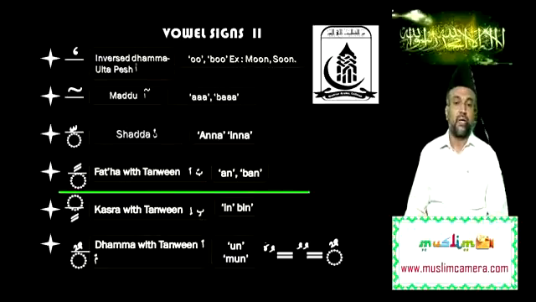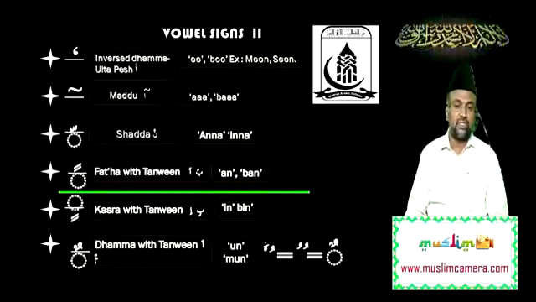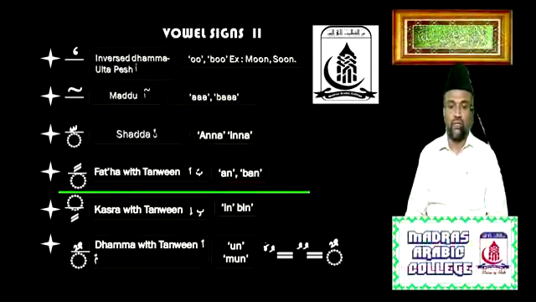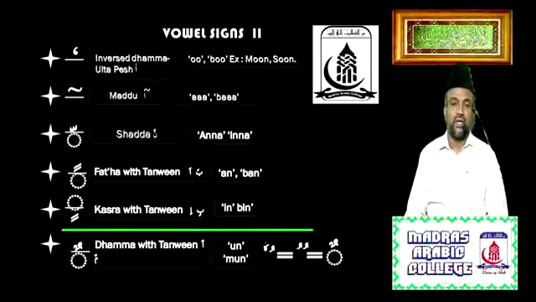Then comes double fatha. This double fatha gives a sound of, actually single fatha means a, double fatha means an. Ban, tan, like that. So double fatha gives the sound of noon, tanween. The same way double kasra gives the sound of in, bin, tin, like that.